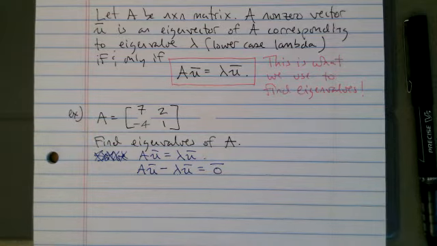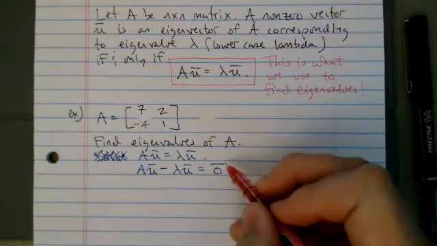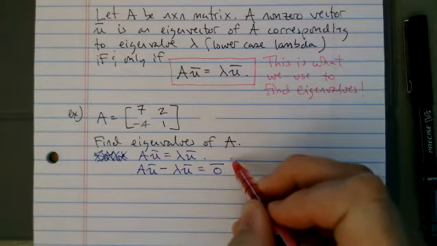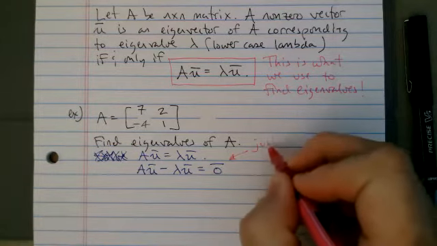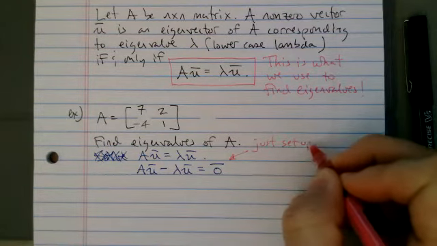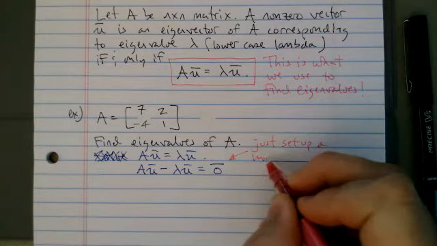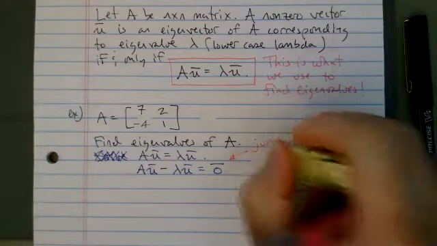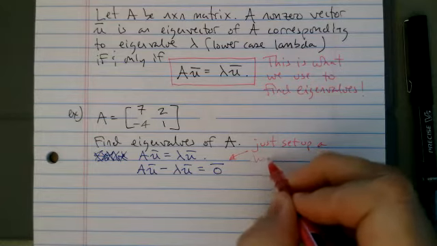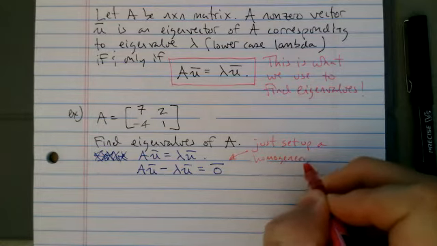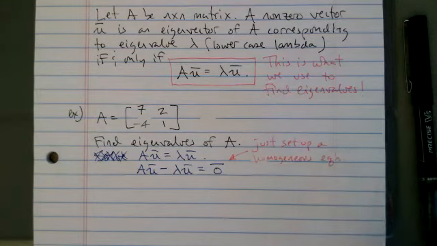Since U is a non-zero vector, I'm looking for non-zero solutions to a homogeneous equation. So we just set up a homogeneous equation, and we're looking for non-zero solutions.